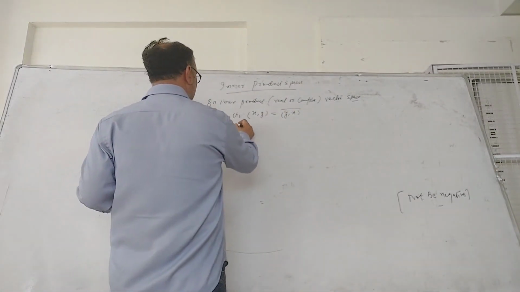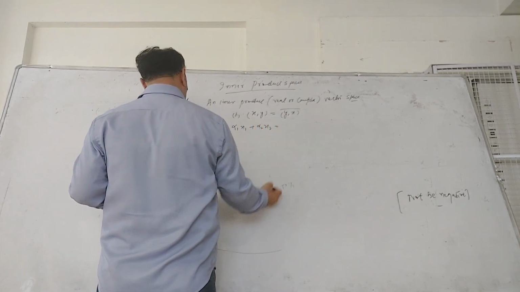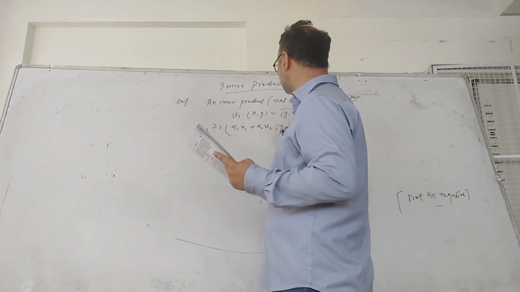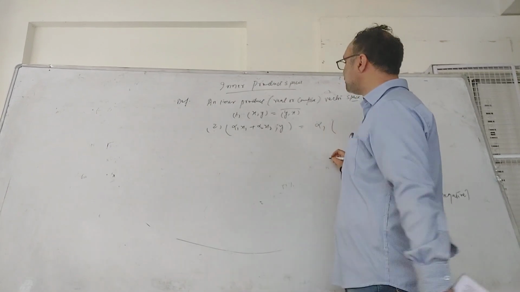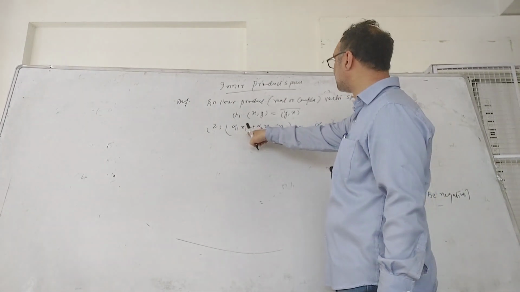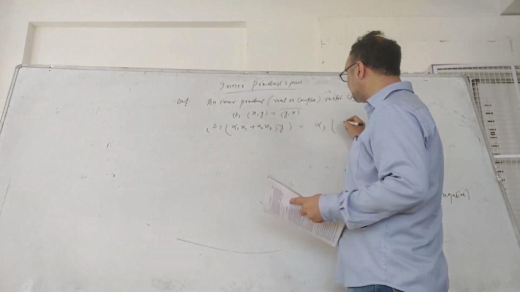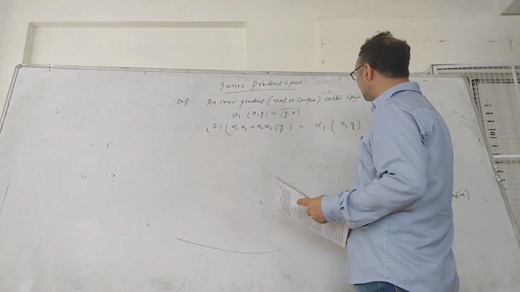The second property is that alpha 1 x1 plus alpha 2 x2, inner product with y, if you remember our properties of vector spaces, but here it is complex spaces, should be alpha 1 times x1 y plus alpha 2 times x2 y.